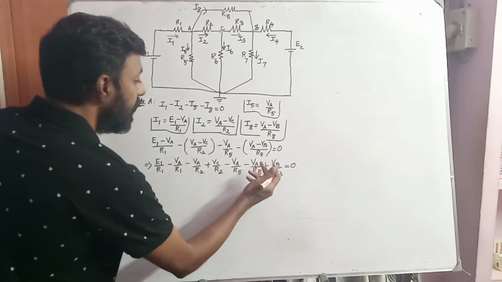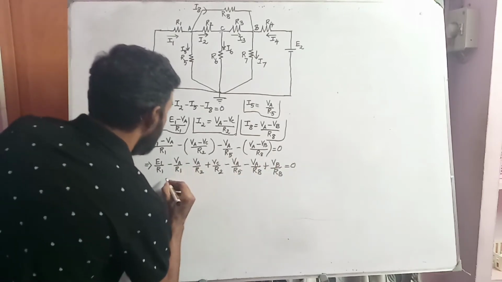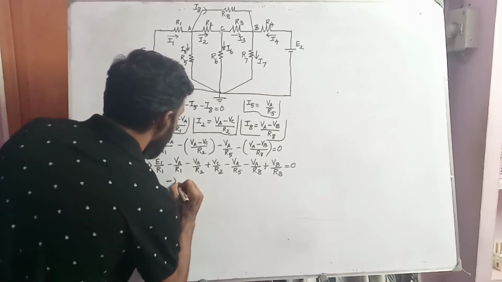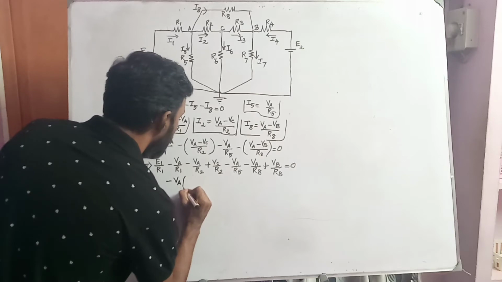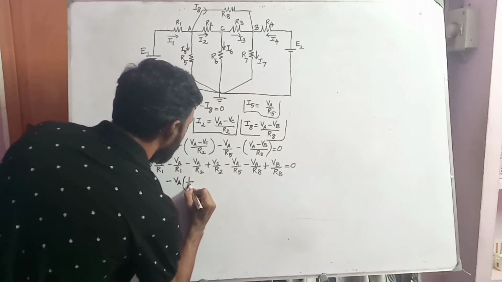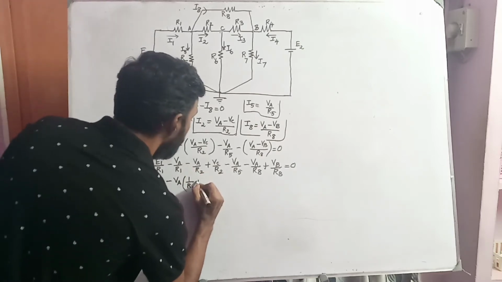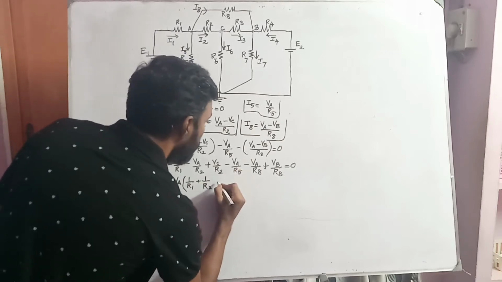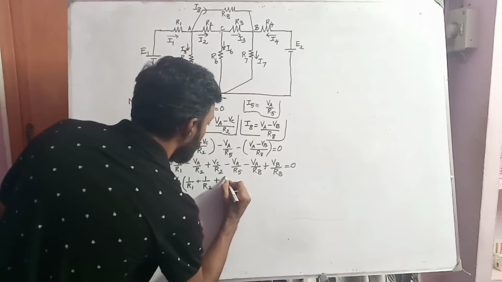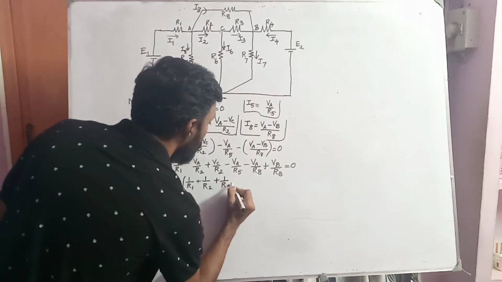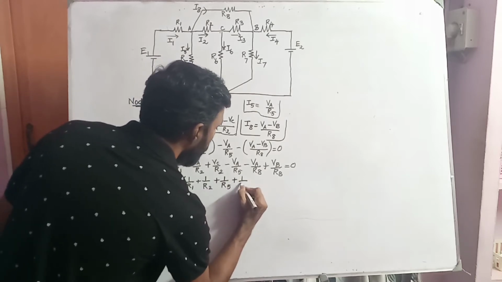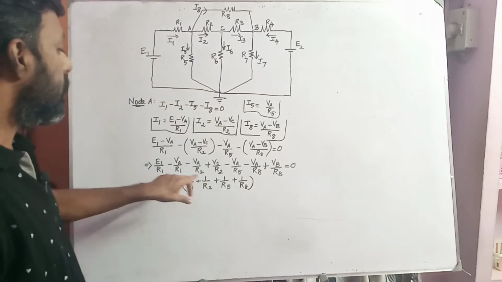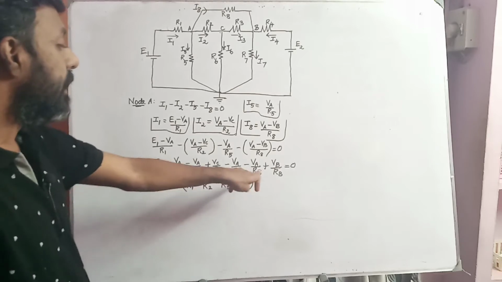So considering all the VAs, adding all the VAs, putting minus, VA outside, it will become 1 by R1 plus 1 by R2 plus 1 divided by R5 plus 1 divided by R8. Okay, so this is the value R1, R2, R5 and R8.